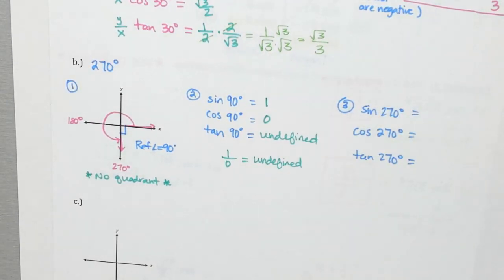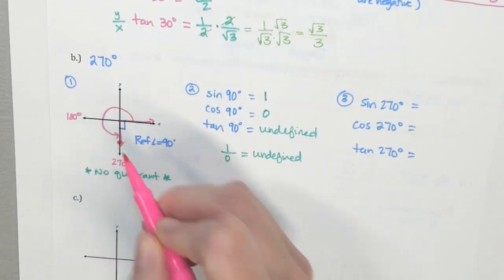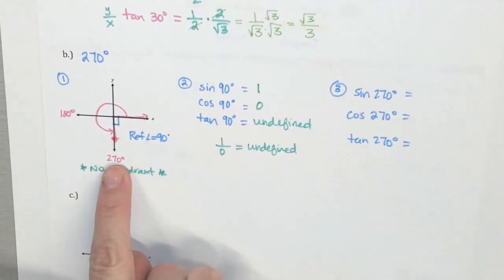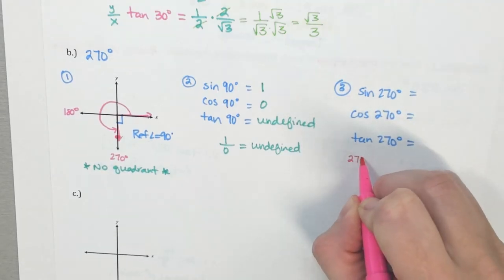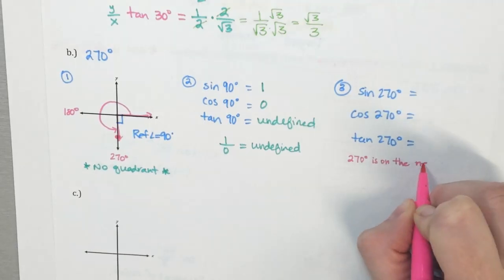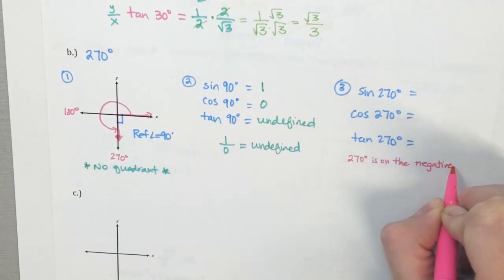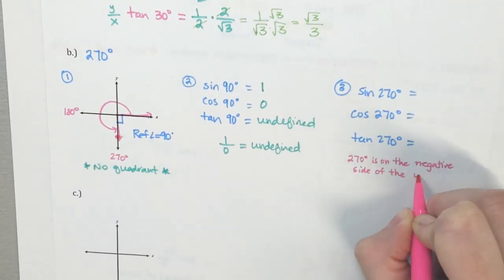Okay, so because there's no quadrant, we're going to look and see what part of the axis your value is on. So look at 270 here. 270 is on the negative y-axis. So 270 is on the negative side of the y-axis.